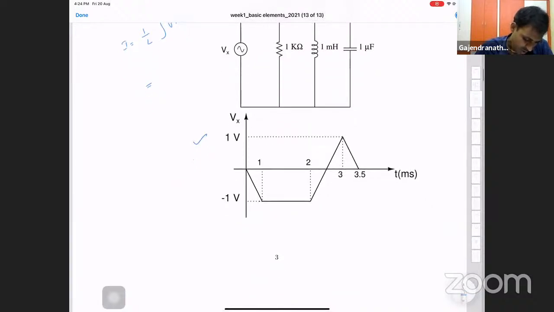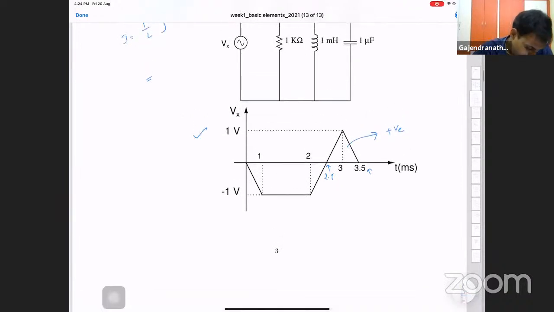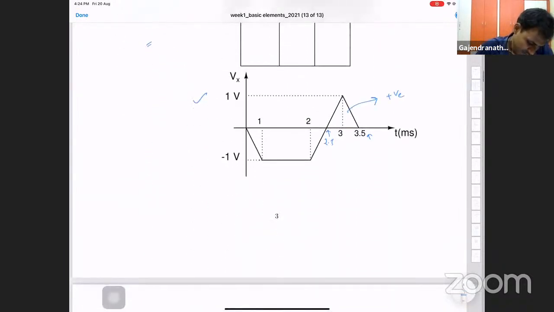If you observe here, this is 2, this is 2.5. From 2.5 milliseconds to 3.5 milliseconds, I have one triangle with positive area. I want to integrate until 3 milliseconds, till this point.